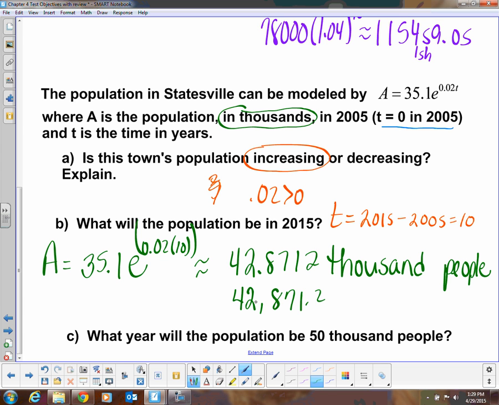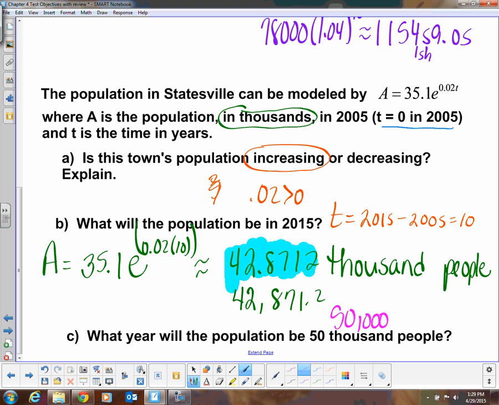Okay. Now listen. Look at this. When you put this into this formula, it does not come out this big. It comes out to 42.8712. And then this tells you that that's 1,000 people. So if I had not written this as 50,000, what if I had written that as literally 50,000?